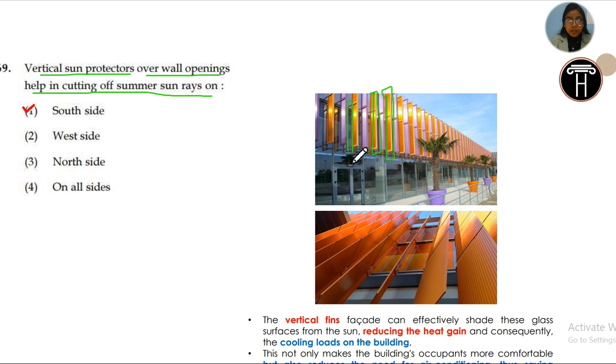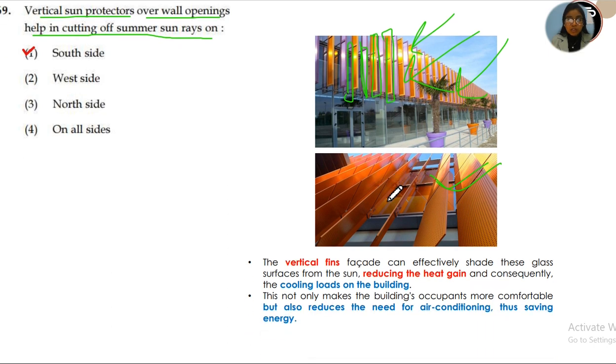These vertical sun protectors help in cutting off the summer sun rays coming on it, as you can see over here. So they are mostly used in the south direction, because in the south direction you get the maximum amount of sunlight. That's why we use these vertical protectors in the south direction.